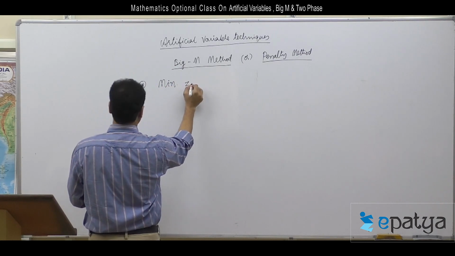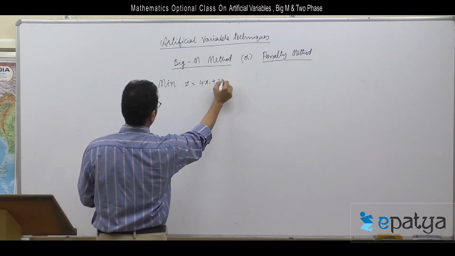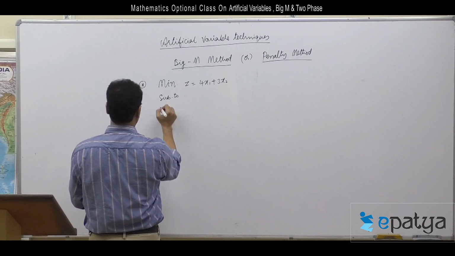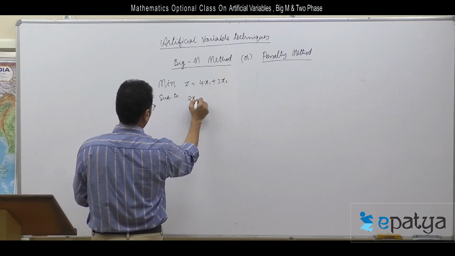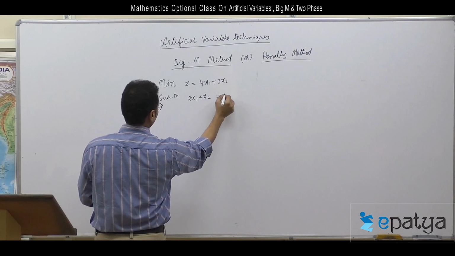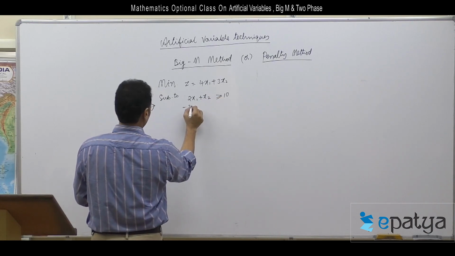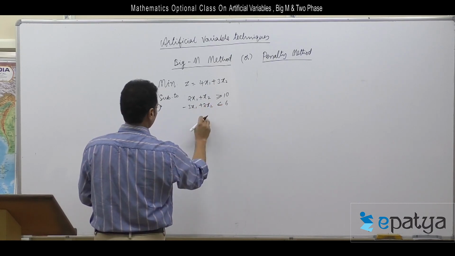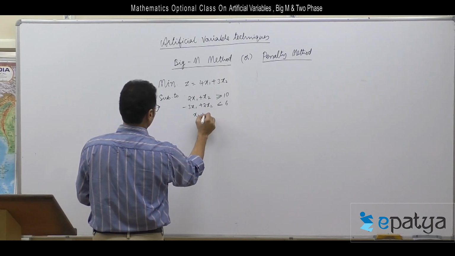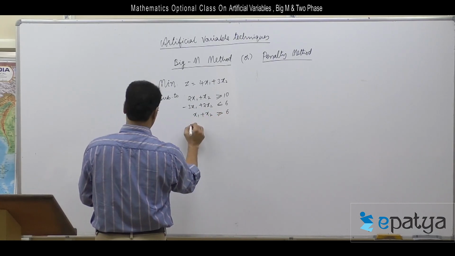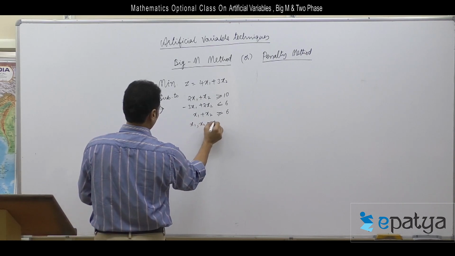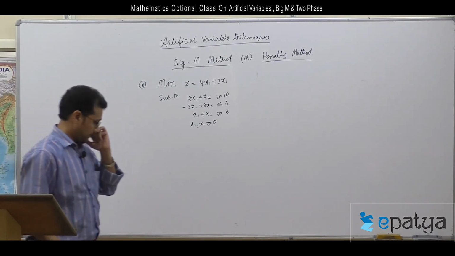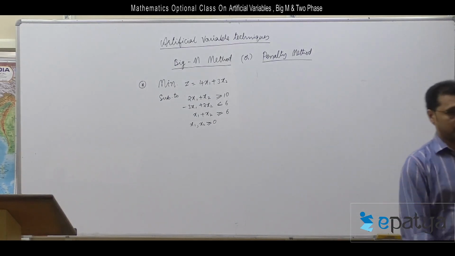Minimize z equal to 4x1 plus 3x2, subject to the constraints 2x1 plus x2 greater than or equal to 10, minus 3x1 plus 2x2 less than or equal to 6, x1 plus x2 greater than or equal to 6, x1, x2 greater than or equal to 0.